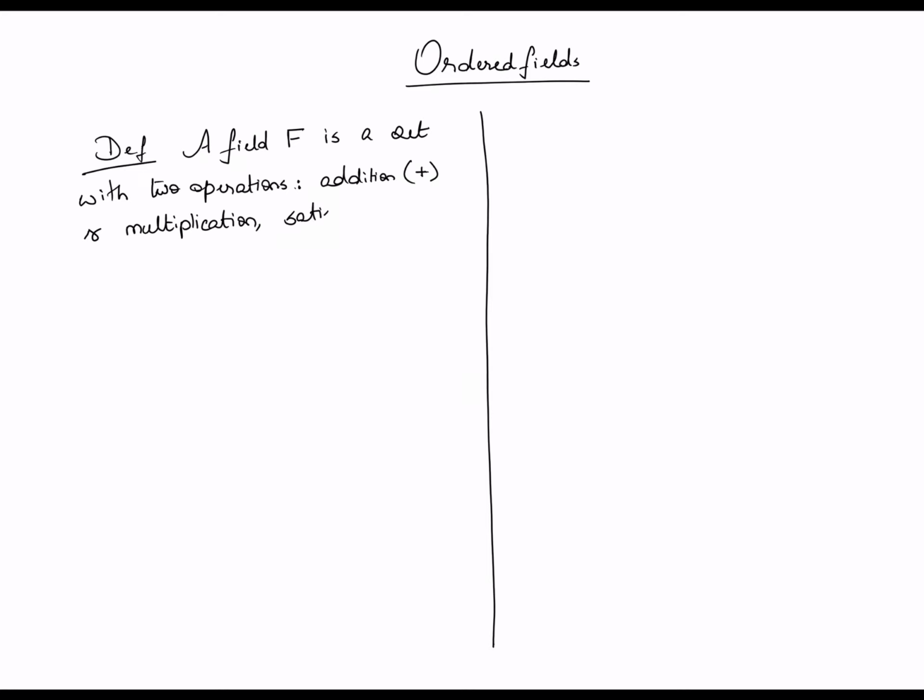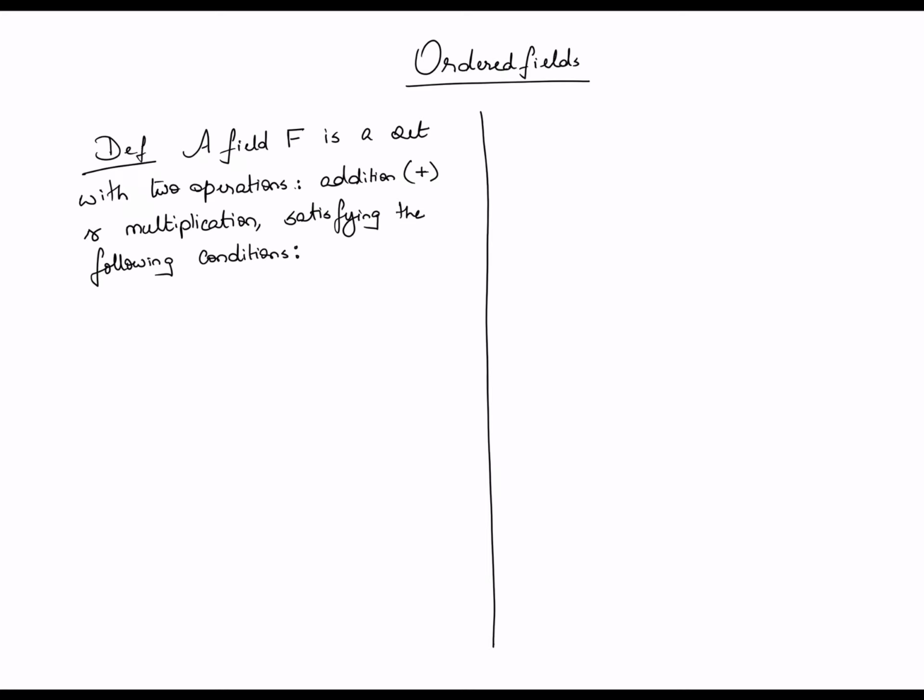And it should satisfy the following properties. Okay, so you need a set, you need two operations, addition and multiplication, defined on the set, and these operations should satisfy a whole bunch of properties which I'm going to list now. And if this is all true, then that set and the associated operations is said to be a field.